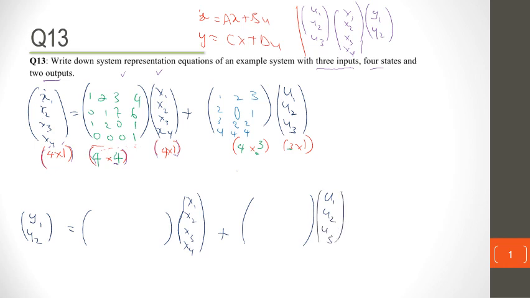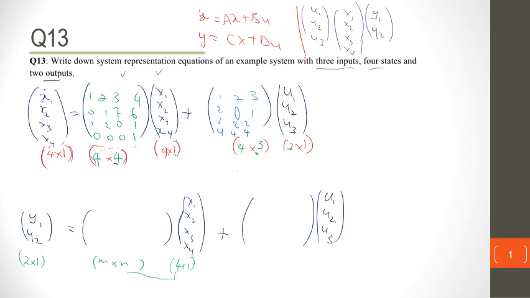Now, what we need to establish here is that we have a 2 by 1 result, and we have a 4 by 1. So we need this 4 by 1 multiplied by something here, m by n. 4 by 1 times m by n has to be equal to 2 by 1.